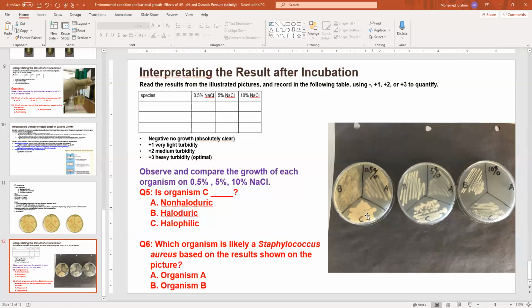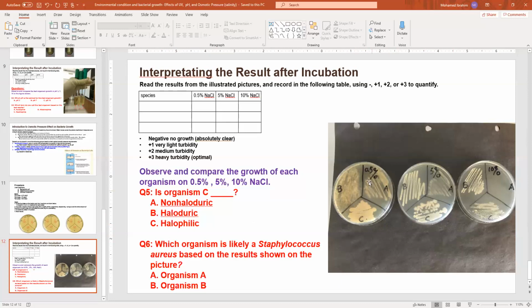If they are not growing here, then I will say they are halophilic. So again, this is the main difference between halogenic and halophilic. Halophilic, they love salt in the media to grow. It is a necessary element. If you remove it, they will not grow.